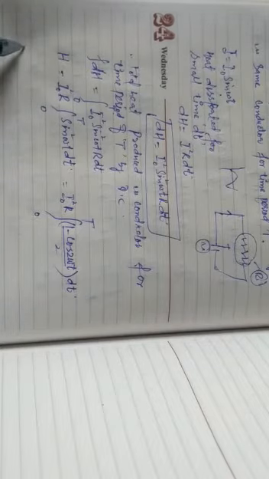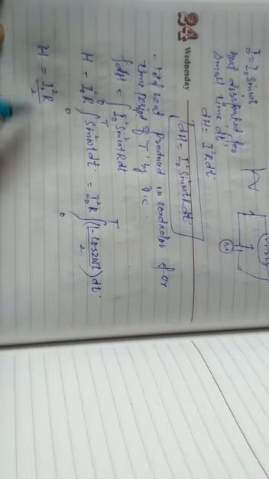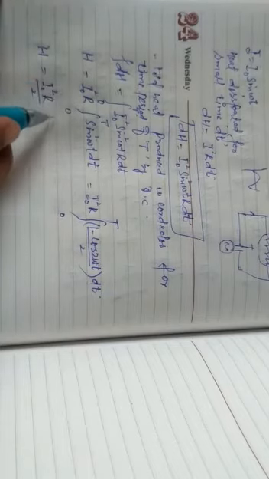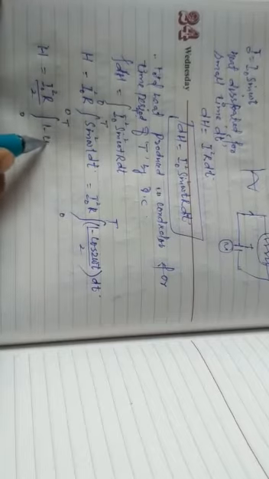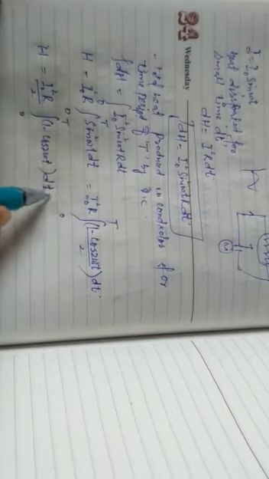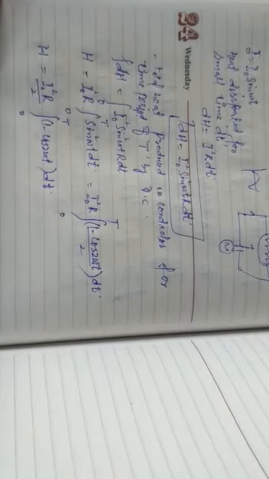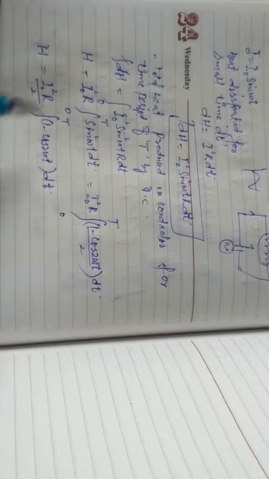Now on solving, H equals I naught square, and this 1 by 2 will come out. Now it becomes the integral from 0 to T of 1 minus cos 2 omega t dt. Now we will split the integral into two terms.